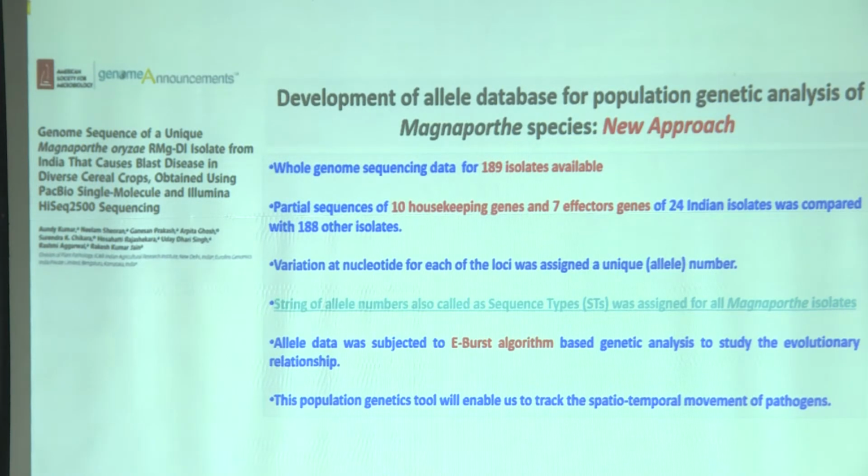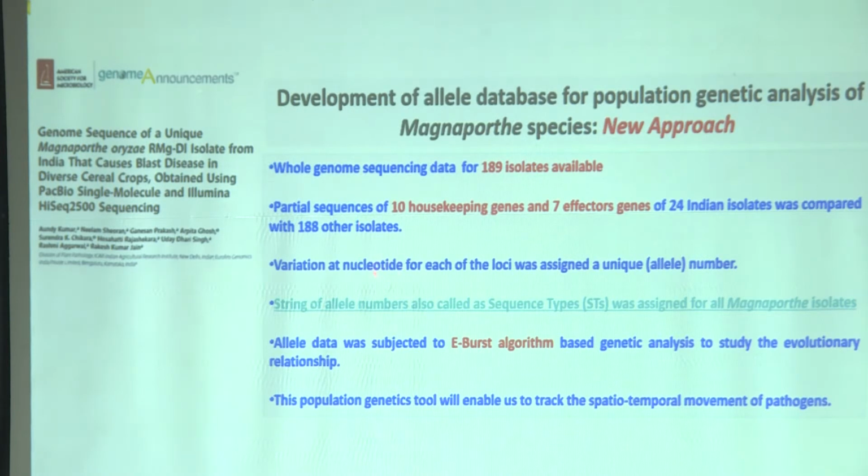So, 189 whole genomes of Magnaporthe are already there. So, now we have to select the loci, and here we have considered around 17 loci. 10 of them are housekeeping and 7 of them are virulence related, or what is called pathogenicity related, or effector coding genes.